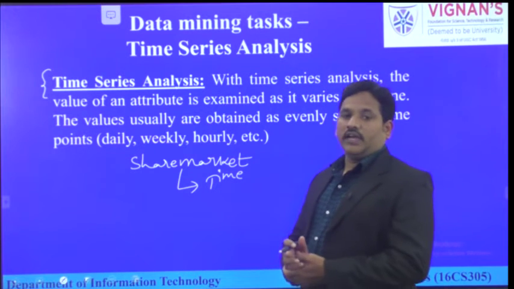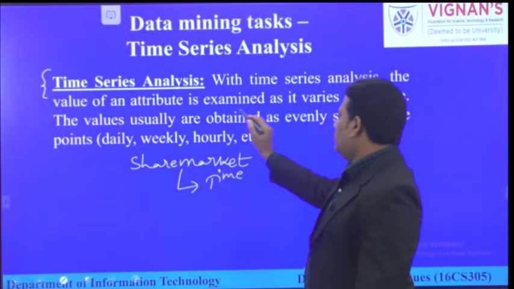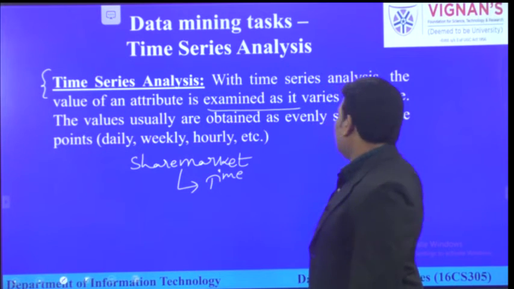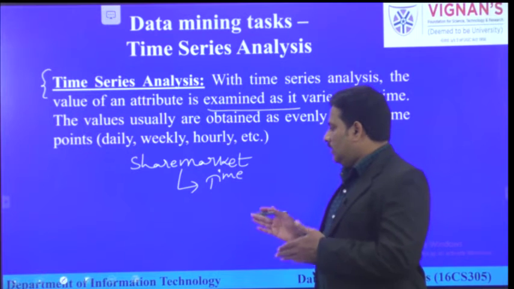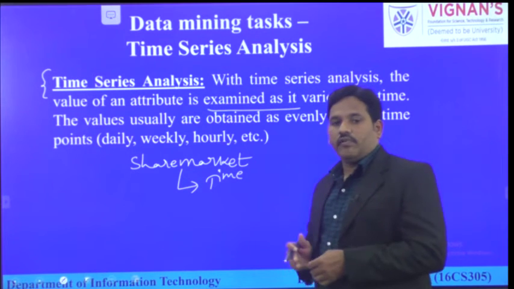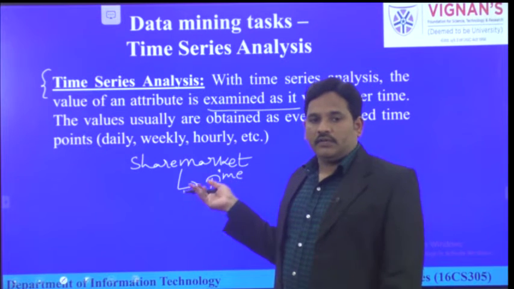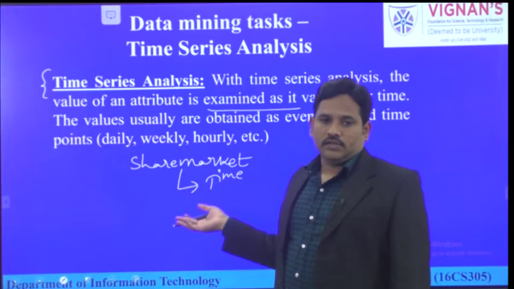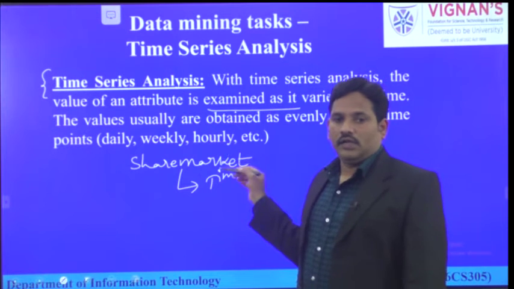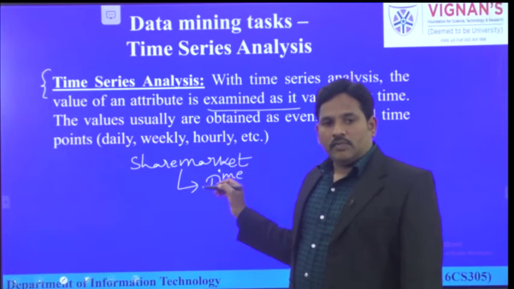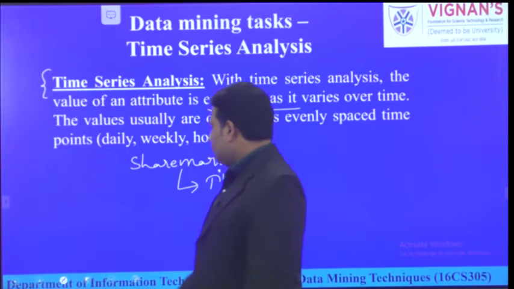So this is one of the examples for time series analysis. With the time series analysis, the value of an attribute is examined as it varies over the time. By seeing the past 10 days of statistics of a particular company's share value, we are going to predict whether to buy or to sell it. So this is one of the examples where we can use a real-time share market application with the help of data mining techniques.